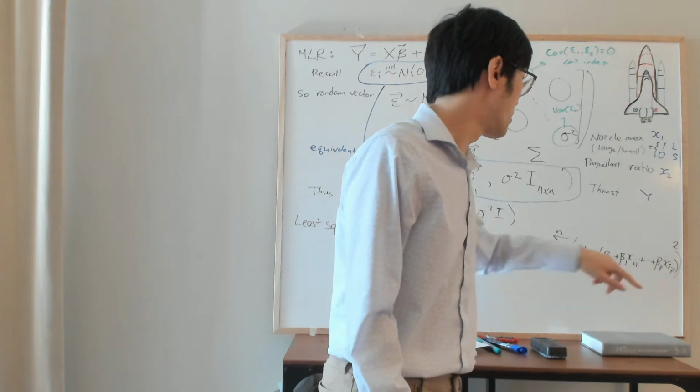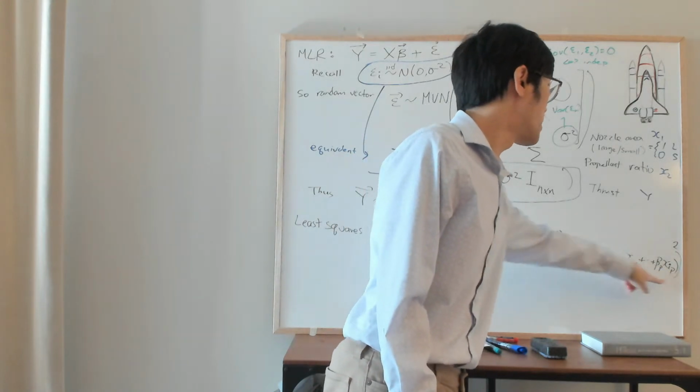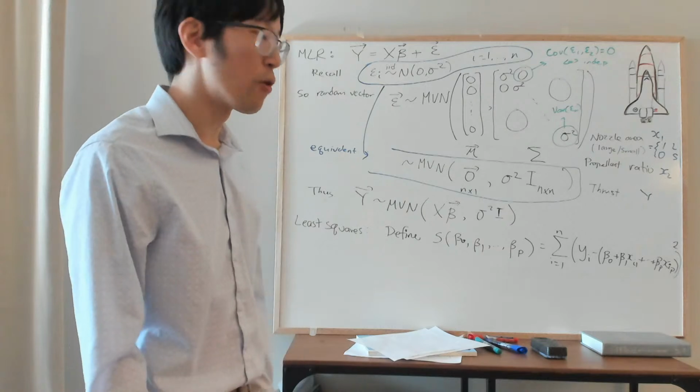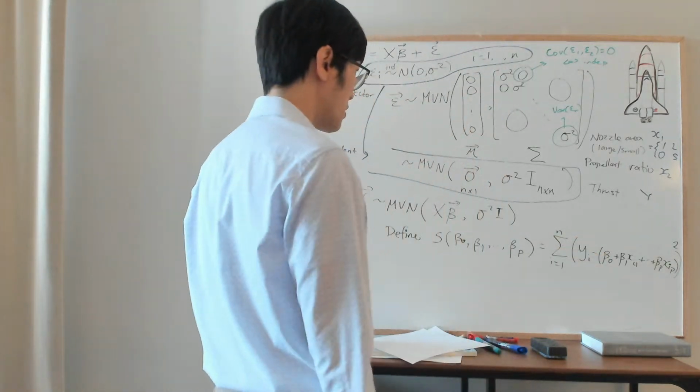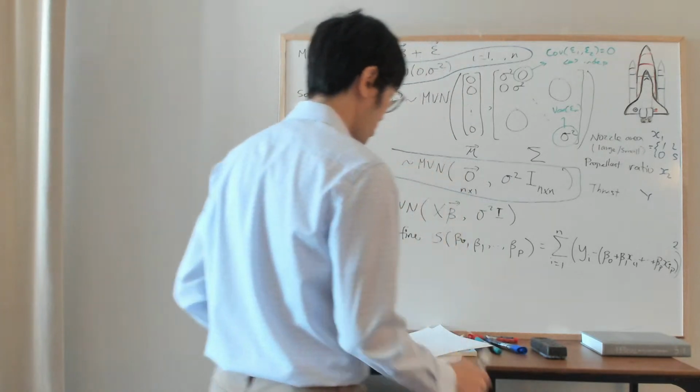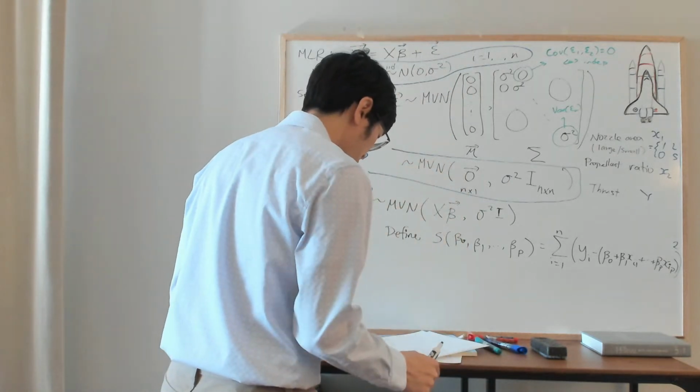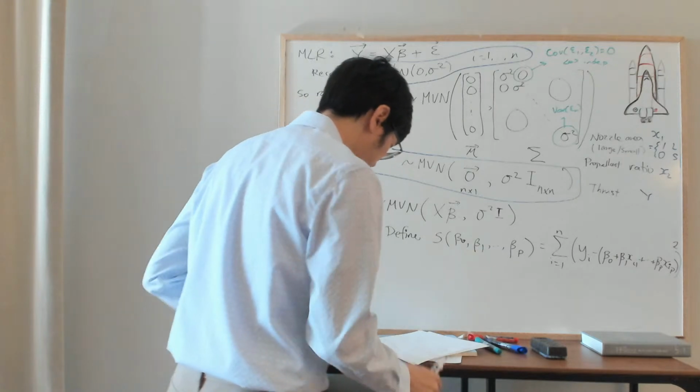So you see this is analogous to our simple linear regression expression, except instead of just beta 0 and beta 1 x, we now have p terms for all the different x's. I'm going to write it this way so you see it's just an extension of the simple linear regression objective function.